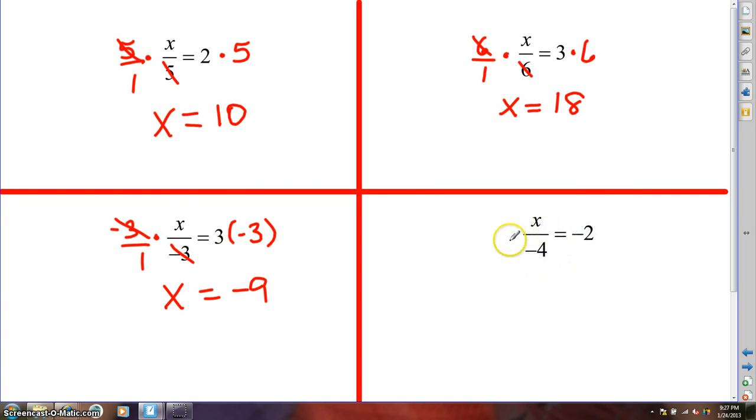So the inverse of division is multiplication. And we've got to multiply both sides by that -4. And our fraction pieces, our numerator of -4 and our denominator of -4 cancel out. So on the left side of the equation we have left just an x. And here we have a -2 times a -4, which makes a +8.